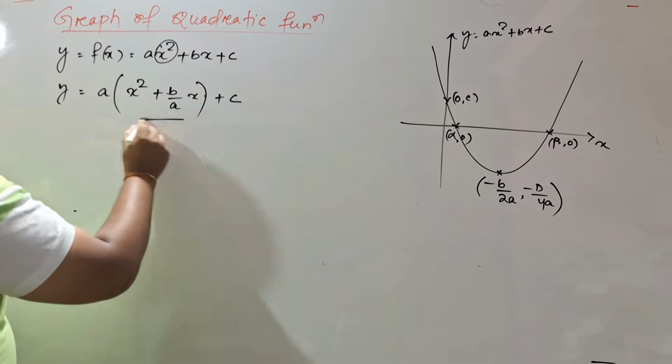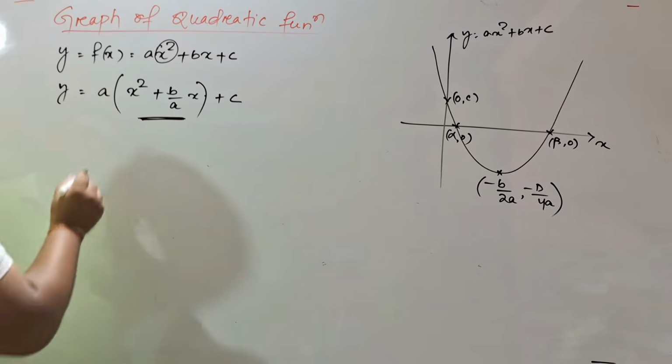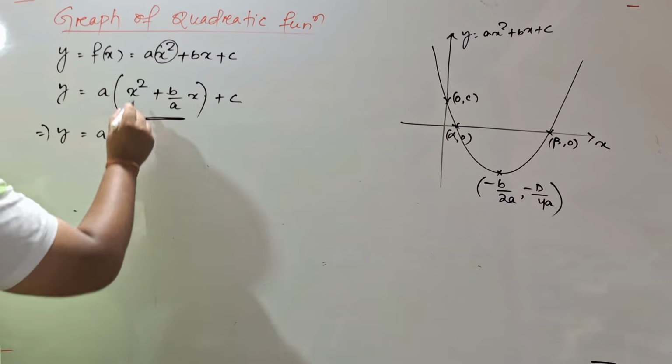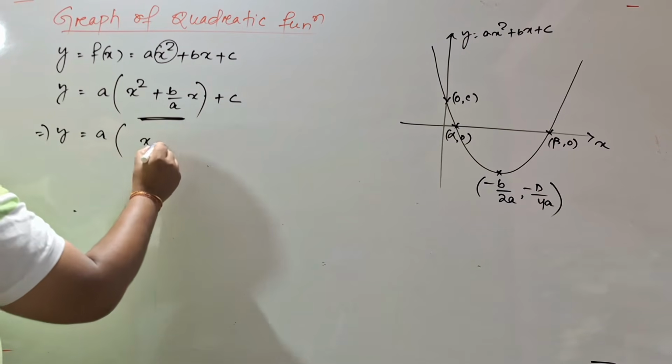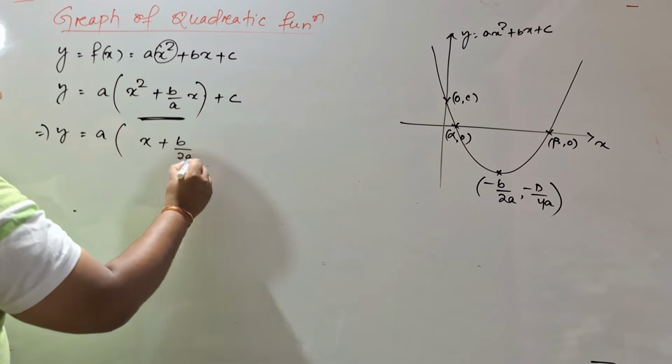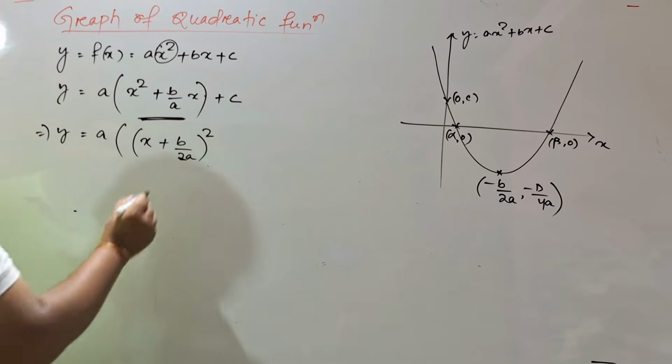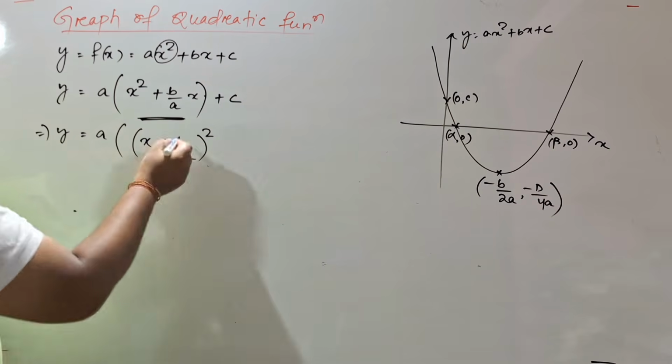Now if I want to write it in perfect square form, y can be written as a whole into x plus b by 2a the whole square.